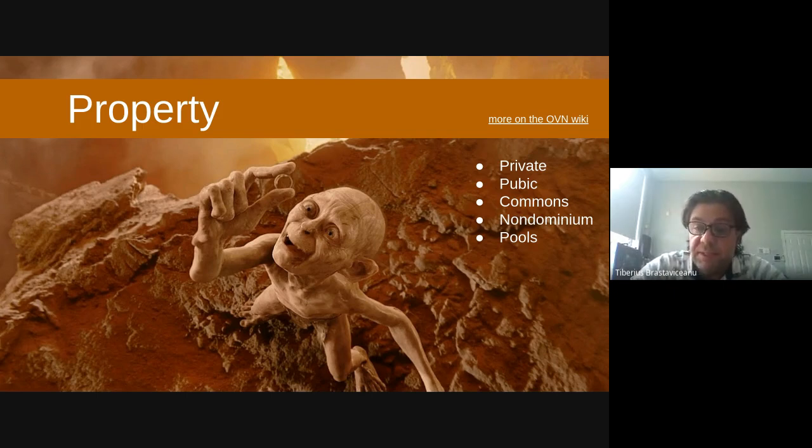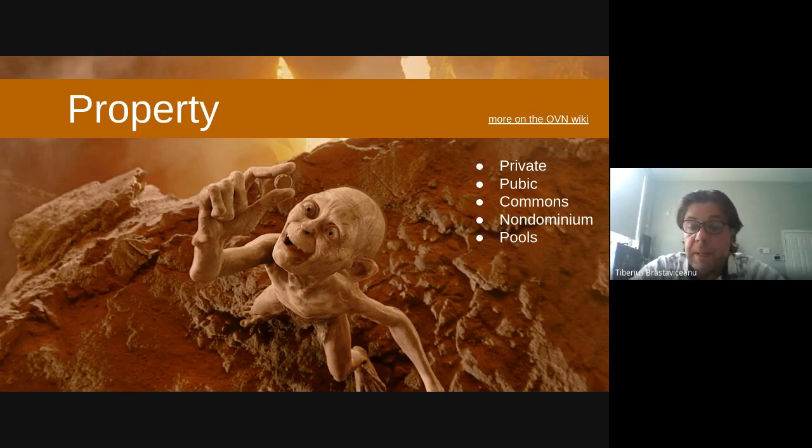Another interesting characteristic of non-dominium is that it doesn't need a legal infrastructure for enforcing or regulating access. The Bitcoin network has been built with that in mind, outside of the reach of governments and their legal system to be able to control the asset. So these are the very specific properties of the non-dominium form of property.